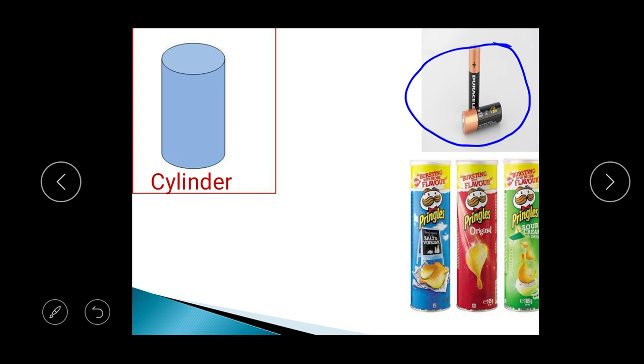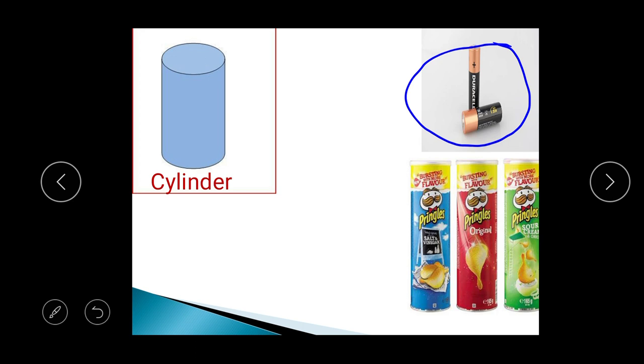I'm very sure that if not all, most of you love to take Pringles. I also love Pringles. My favorite is the middle one, the red one, the original. That's my favorite flavor.